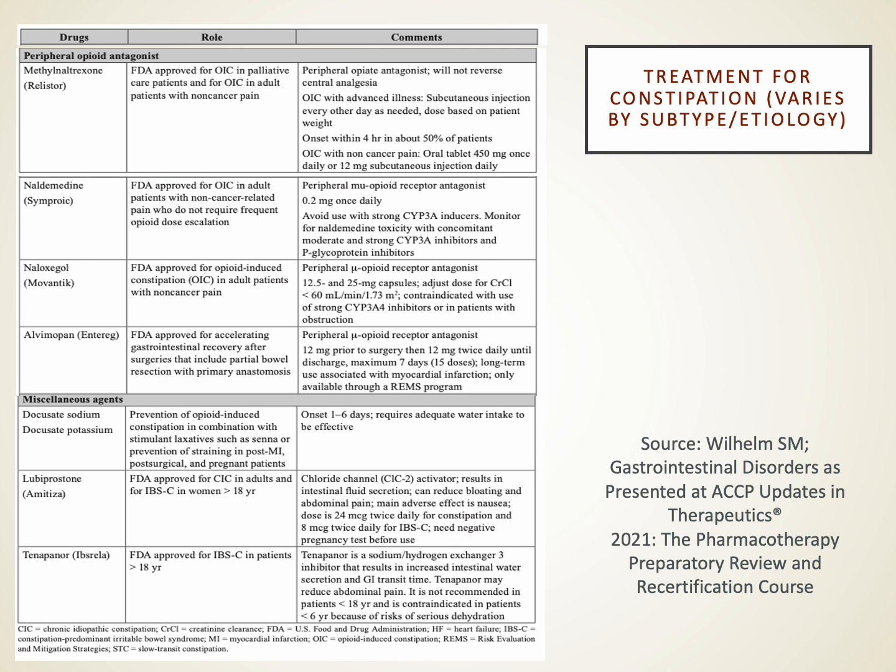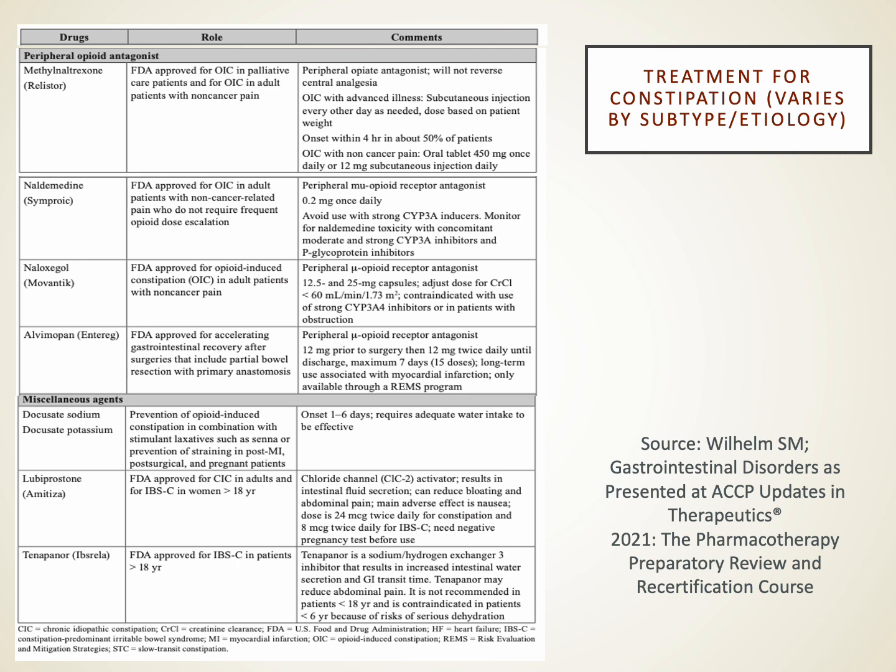Of the other agents here, the stool softener, docusate, or Colace, is pretty common when you have a hard stool that needs softening. Pretty effective and usually used in combination with senna, as we alluded to earlier. And the remaining agents here, we didn't really talk about much. One is Relistor, an FDA-approved agent for opioid-induced constipation. Another one, a couple listed here, are approved for opioid-induced constipation.